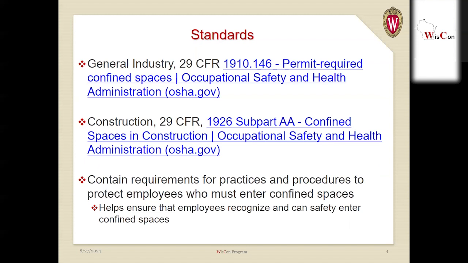Each of these contain requirements for practices and procedures that are established to protect employees who must enter those confined spaces. But this really ensures that employees recognize what a confined space is, when it's okay to enter, and what needs to be done before they can go into those spaces safely.